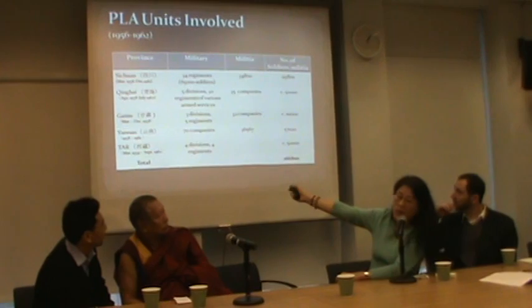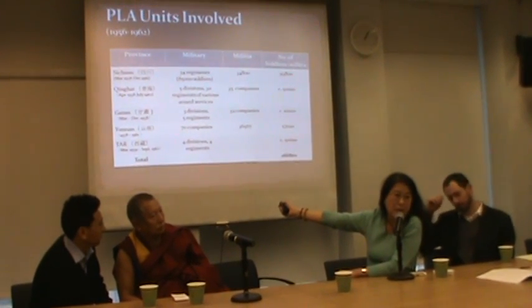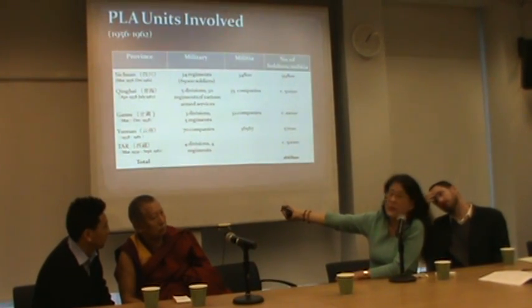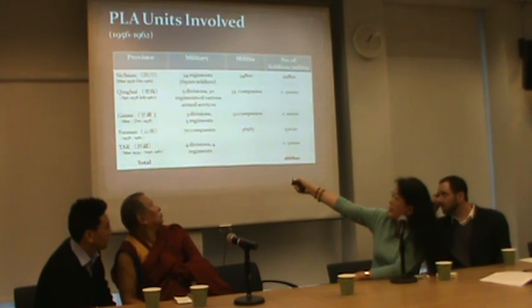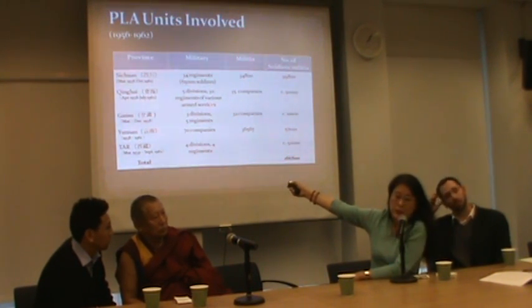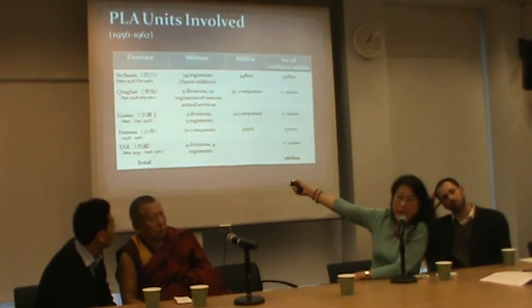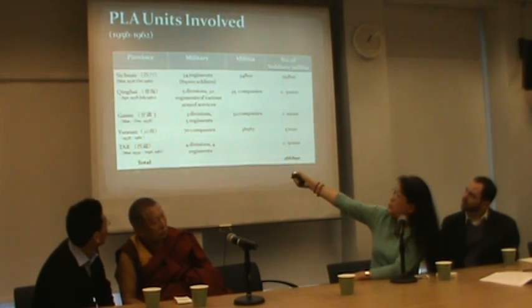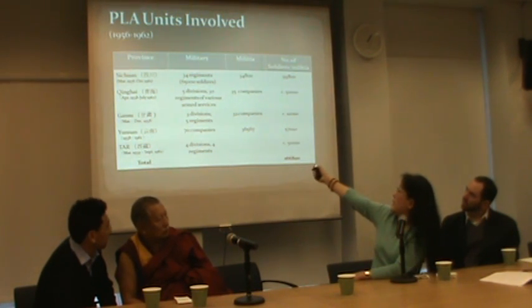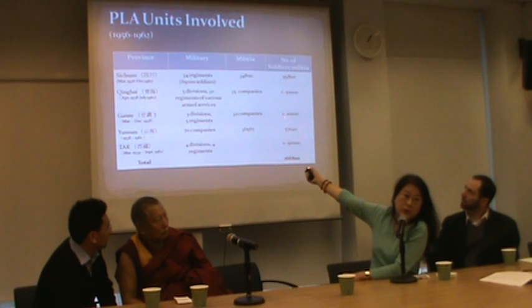I'm very much on the conservative side because I don't want to over-exaggerate. For instance, in Sichuan, this is the number given in a secret document that has never been formally declassified. But you can see in Qinghai, the regiment use is actually more than that. I estimated this number is definitely more than that.